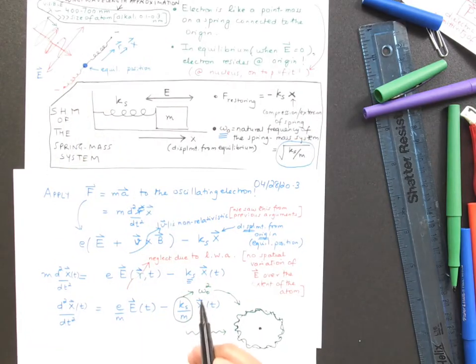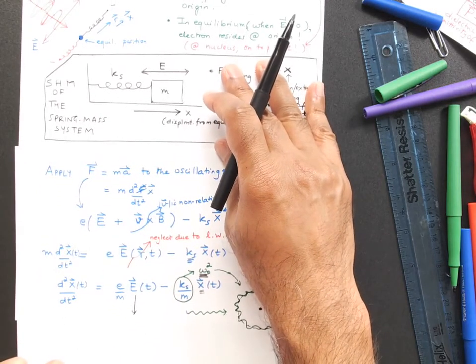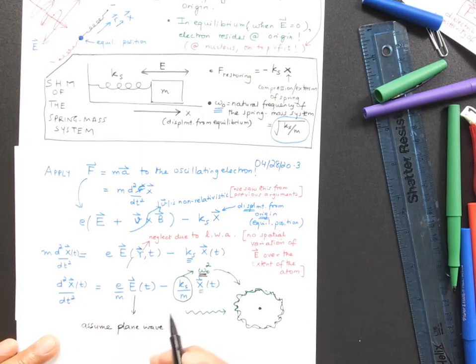All right. So this actually has real meaning, and the electric field will have its own frequency. I'm going to end in less than a minute. We will assume this to be a plane wave, just for simplicity.